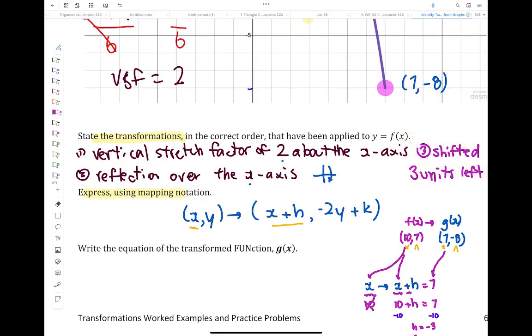And so with that mapping notation, this now becomes x minus 3, comma something. x comma y is going to yield x minus 3, and then we know we're going to have a negative 2y, but we're not quite sure what the rest of that is going to be. We know we're going to have negative 2y, but we don't know what the k value is going to be yet.